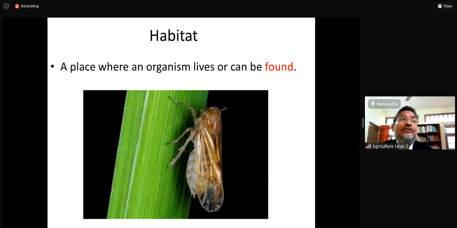The place where one lives, the dwelling, is the habitat. You can see one insect. It is living in the rice plant, on the leaf of rice. So rice is the habitat. The rice plant is the habitat of this particular insect. All right, what is habitat?